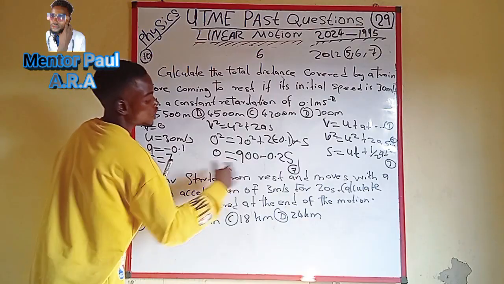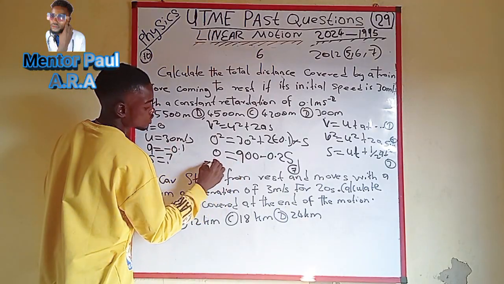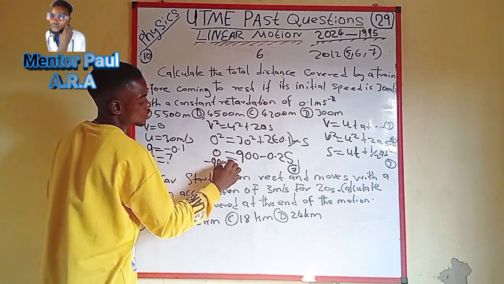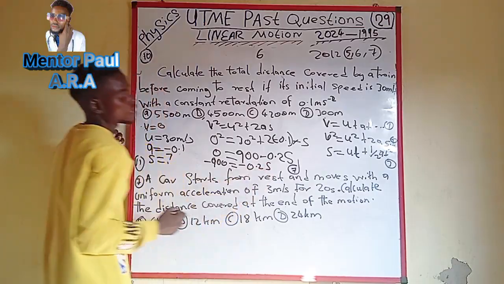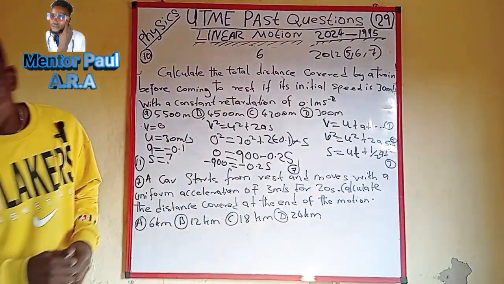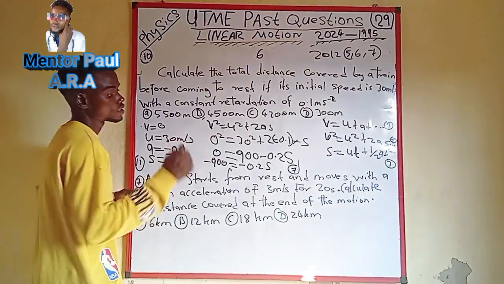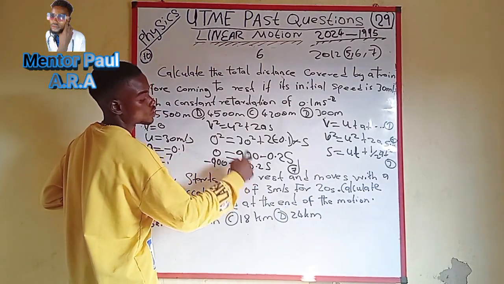Now, because I'm looking for s, this 900 is going to cross over here. I'm going to have negative 900 equals negative 0.2s. Because I'm looking for the value of s, I'm going to divide both sides by negative 0.2.